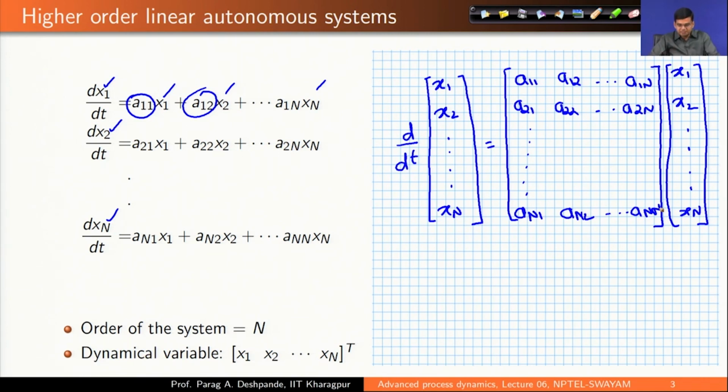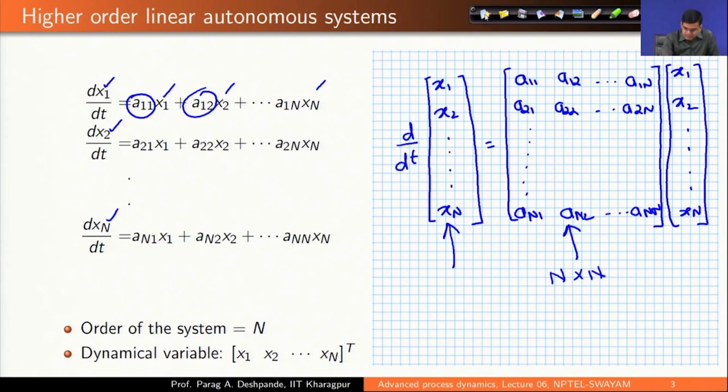So, this is the matrix form of your dynamical equation. So, a dynamical system which is of general nth order can be expressed in terms of a matrix equation, where the dynamical vector will have n components and the corresponding matrix would be an n cross n matrix.